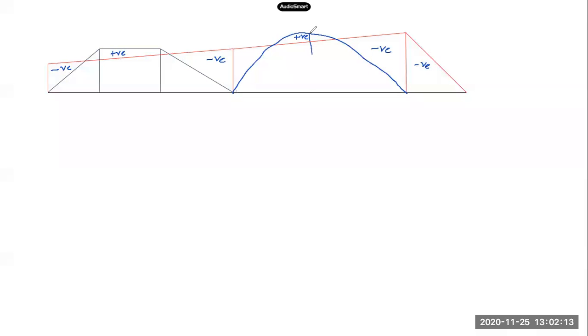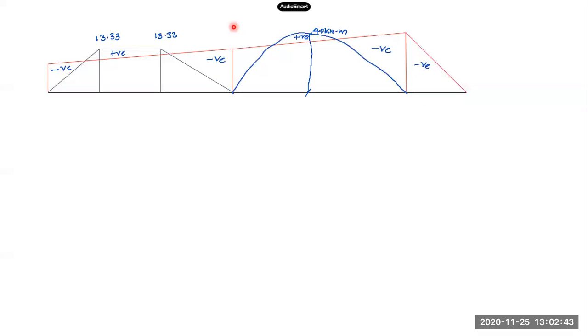This will be WL square by 8. So the value will be 20 into 4 square by 8, that will be 40 kilonewton meter. So 40 kilonewton meter here. This comes out as Wab by L, 13.33. This is also 13.33 kilonewton meter. So here, what was the value I got for this?